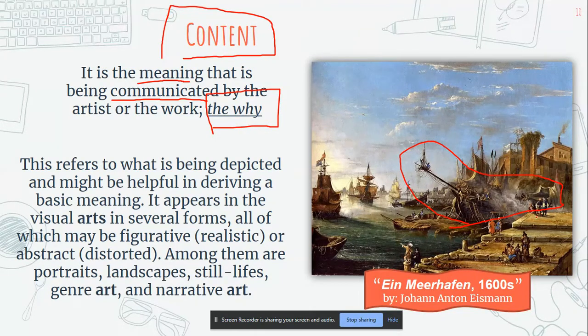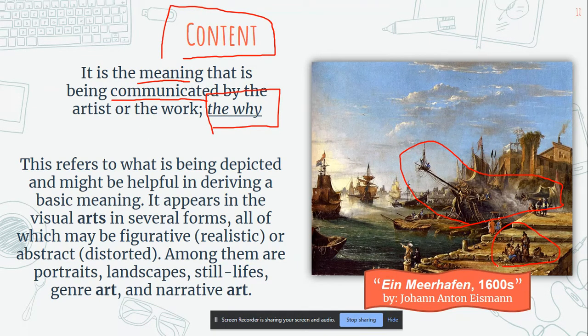Like this boat is being... oh, there's water there, water flashes, and you could see some people there. This could just mean maybe it's about the daily lives of these people.